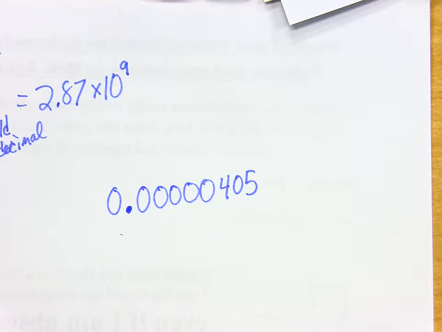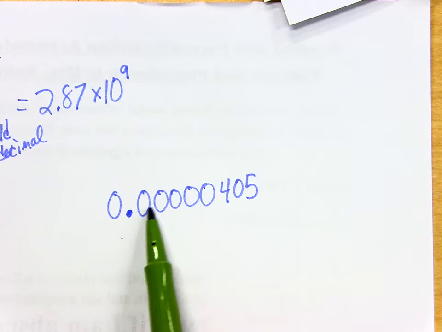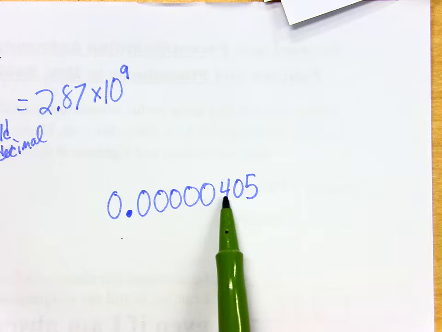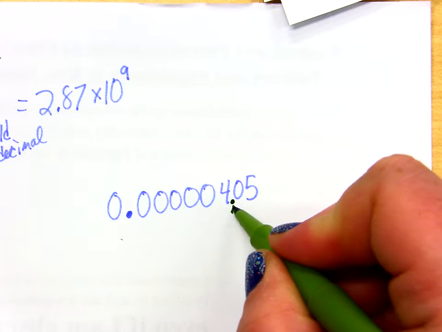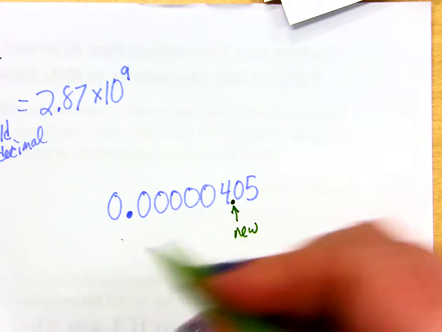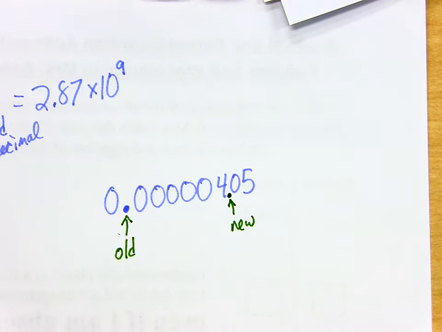Wait, so we're going to put the new decimal in behind the 4. Right. So step one, place a new decimal after the first non-zero digit as you go from left to right. The first number that I pass that's not a 0 is that 4. So my new decimal goes right there. The old decimal, this one already had one, right? There's my old.